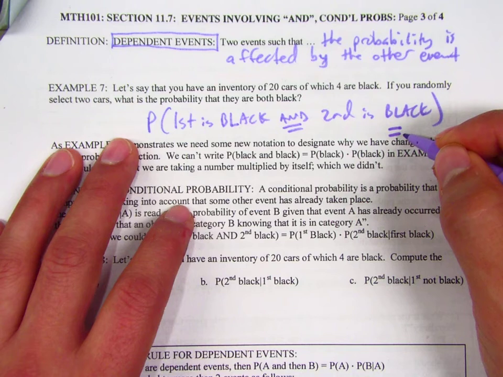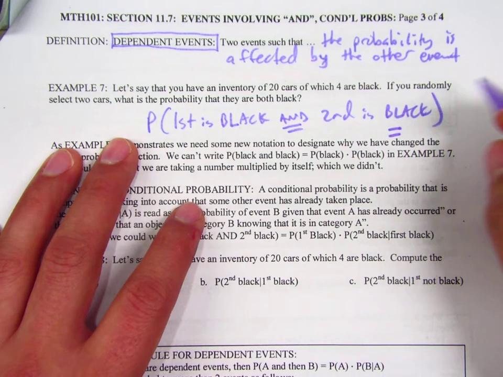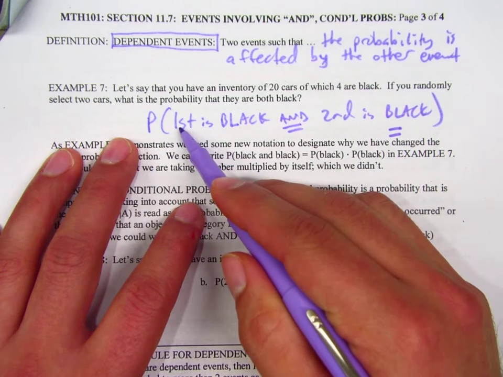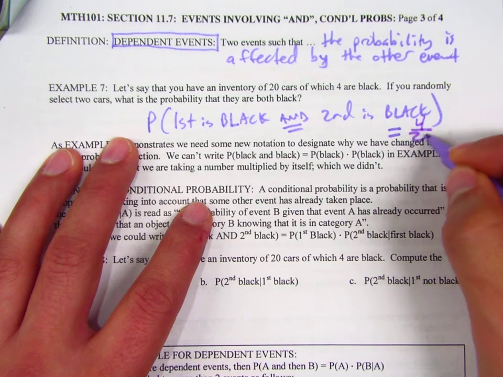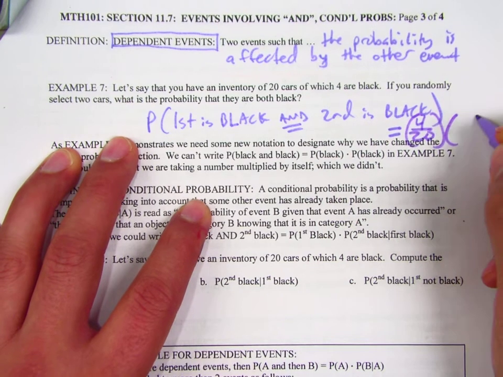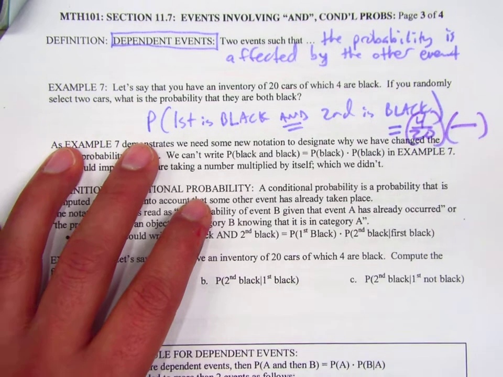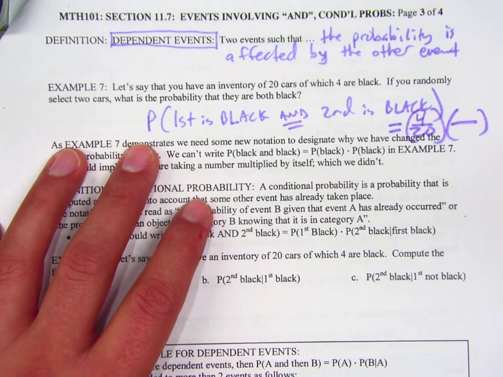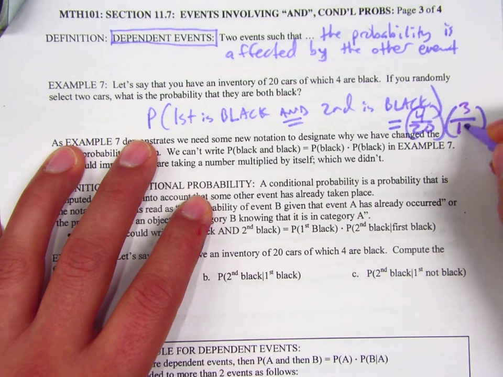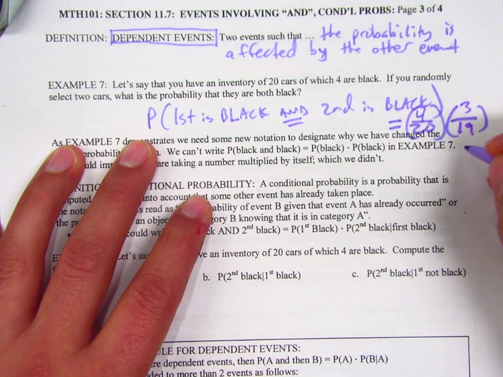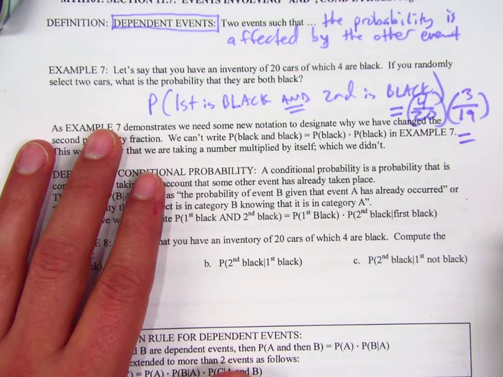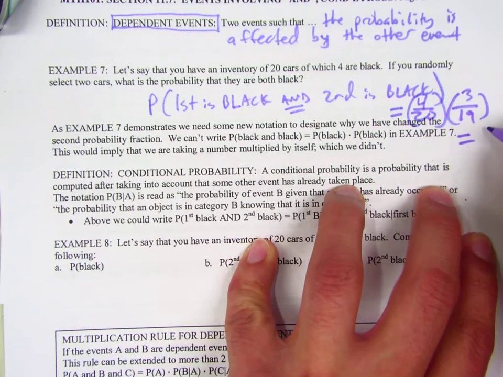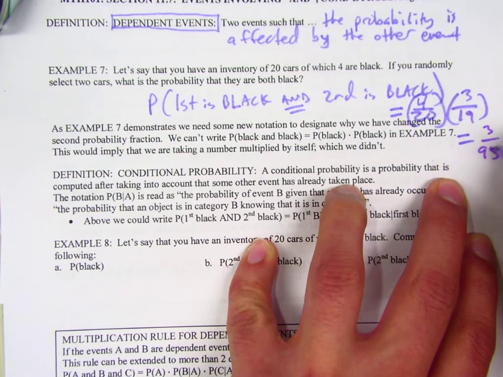Multiply, right. So what's the probability that the first one is black? 4 out of 20 times, now that that one's out of the mix, what's the probability that the second one is black? 3 out of 19. And so that's, someone help me out. What does that reduce to? 3 over 95. Thank you.